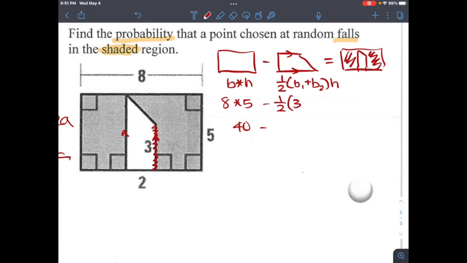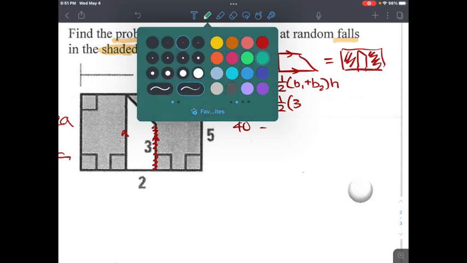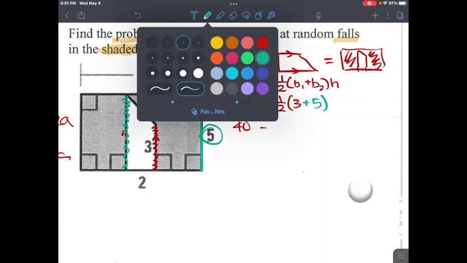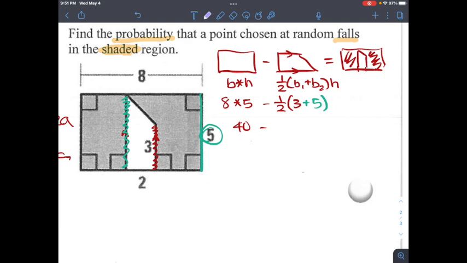And then this part right here is going to be what? Well, if you go all the way across, you should notice there's the 5, because that's the length from here to here. So I'm going to say plus 5 and times the H. And for H, you should recognize that it's going to be the height. Here is my height. So that's times H, which is 2.